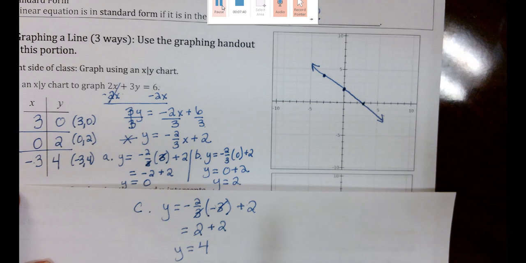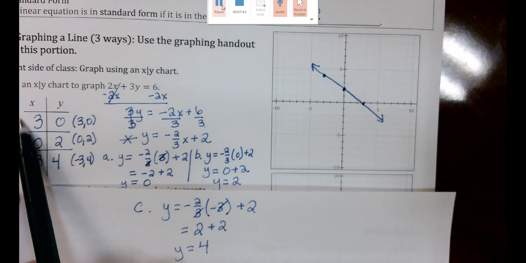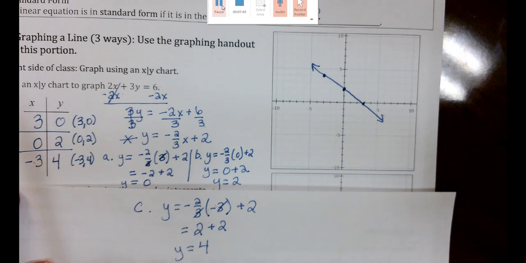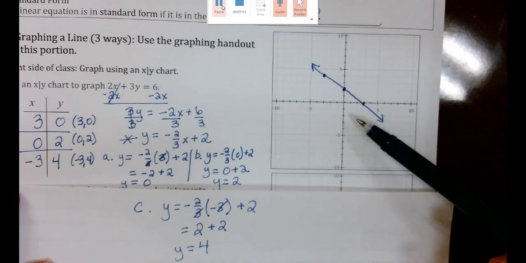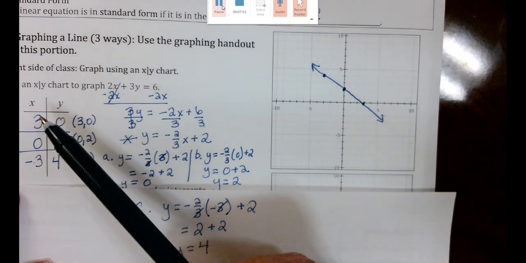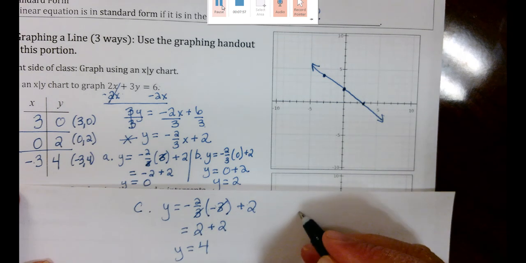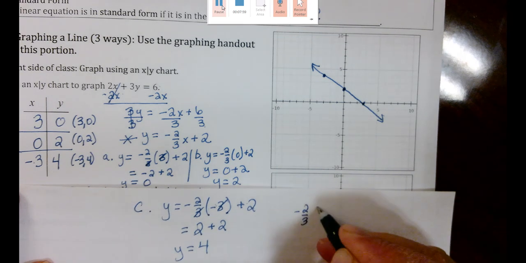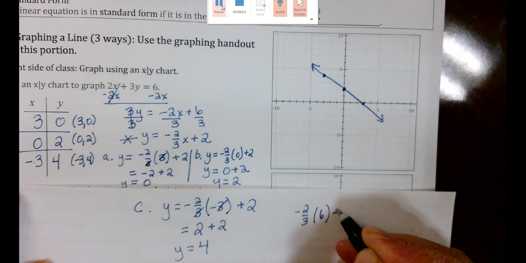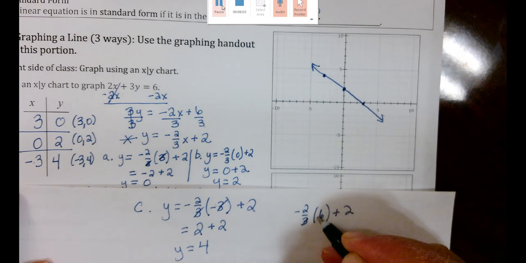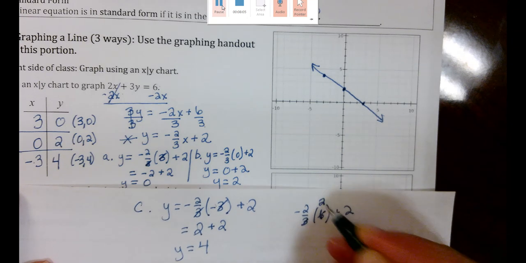Okay. Now I will tell you that if we were to choose another point here, so if I would have chosen 1, I would have ended up with a fraction that would still be on this line. If I chose 6 and I plugged 6 in, I would have -2/3 times 6 plus 2. The 3 cancels with a 6 and gives me 2.